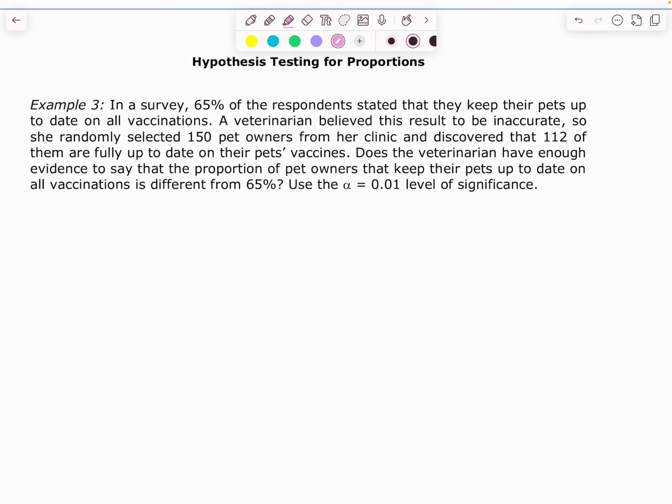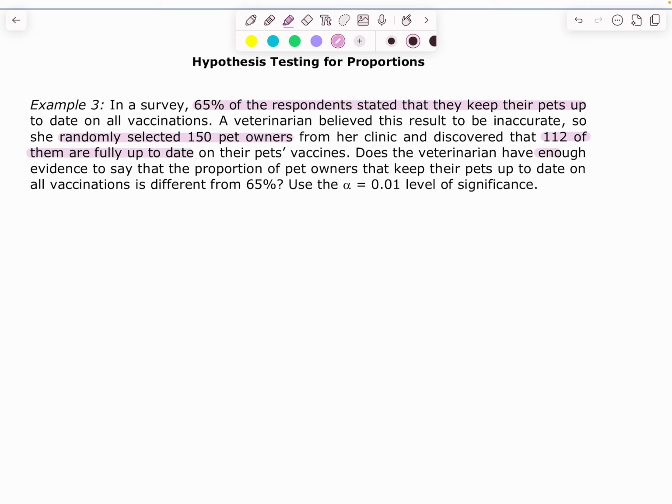So looking at the given information, 65% of the respondents state that they keep their pets up to date on all vaccinations. The veterinarian randomly selected 150 pet owners. 112 of them are fully up to date on their vaccines.